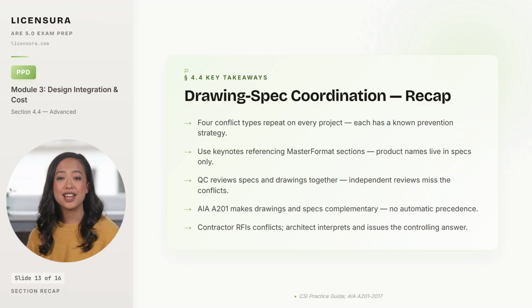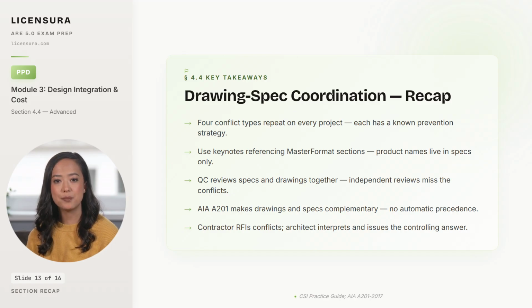QC reviews specifications and drawings together rather than independently, because the conflicts only show up when the two are compared, and reviewing them in isolation catches less than half of the errors. A201 makes drawings and specifications complementary, with no automatic precedence. The specs over drawings myth is the wrong answer on the exam and the wrong defense in a dispute.